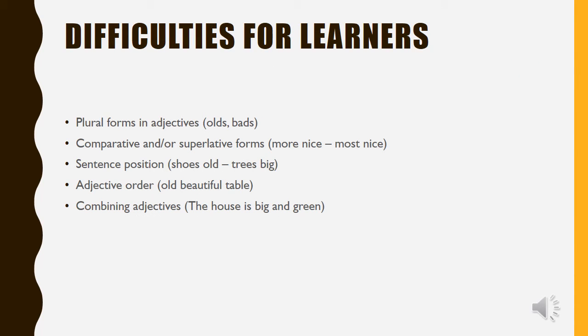Once you have tried as a teacher different teaching techniques, it doesn't matter the topic you're talking about, in this case adjectives, you can then identify some difficulties learners can have when learning adjectives. For example, the plural forms in adjectives, comparative and superlative forms, sentence position, adjective order, and combining adjectives.